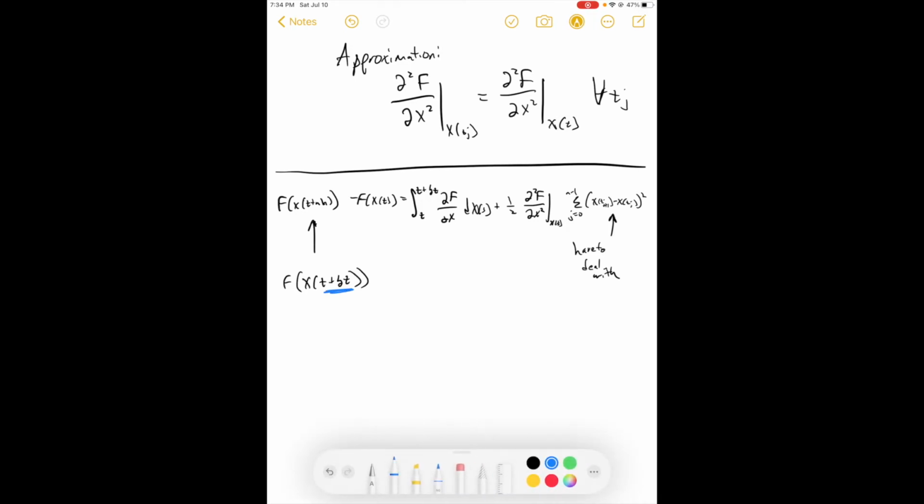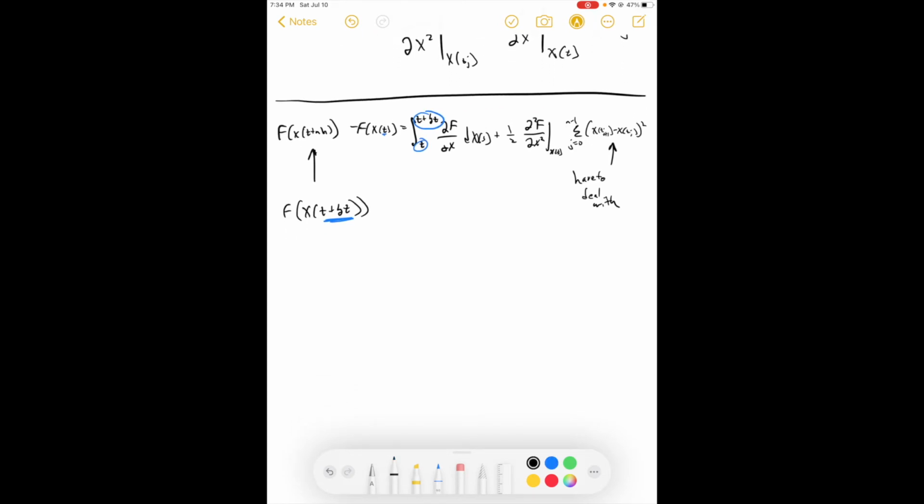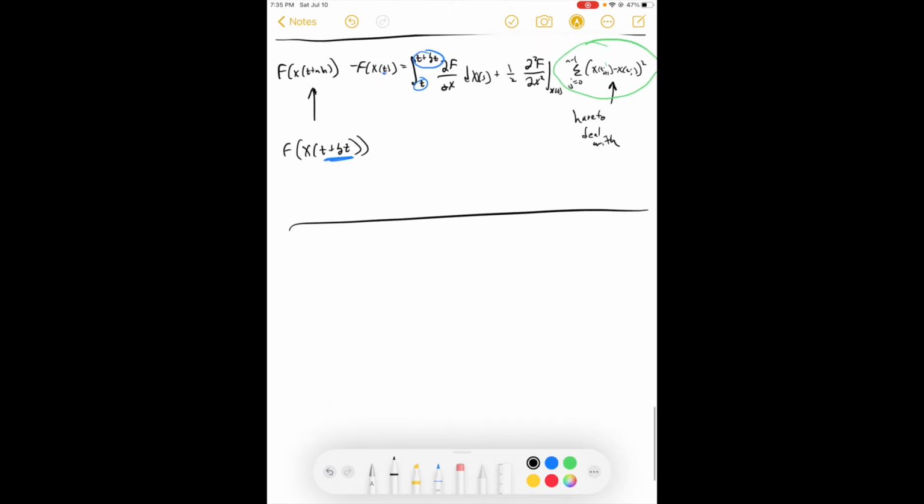You see this part inside here corresponds to this, and that part corresponds to that one. So let's pull out this part that we've got to deal with and think of it by itself. That's the sum from j equals 0 to n minus 1 of x of t sub j plus 1 minus x of t sub j, squared.